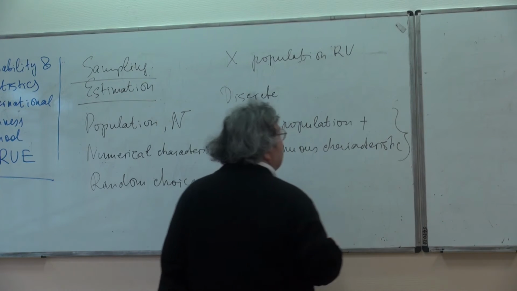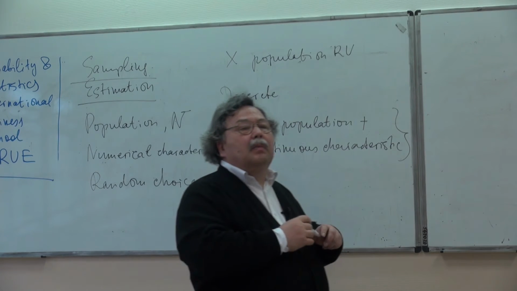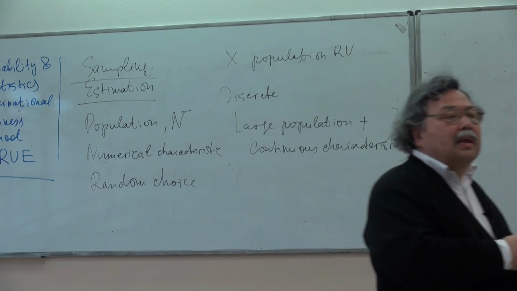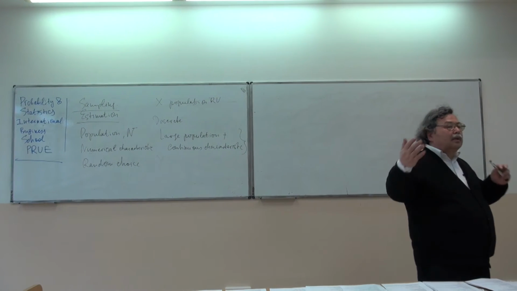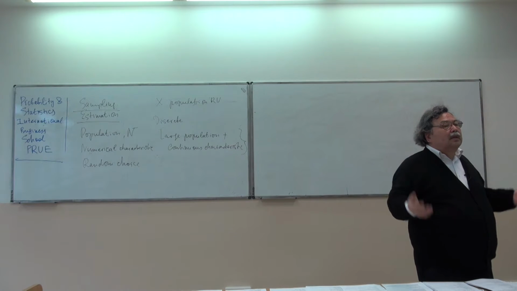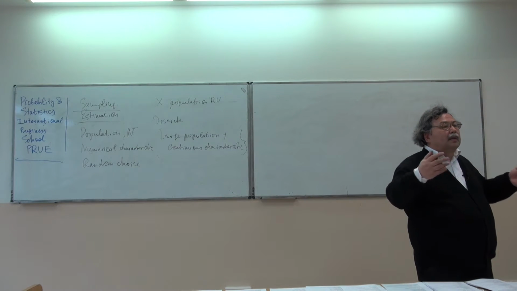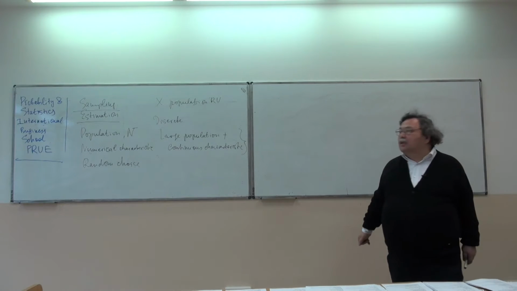If these two conditions are in place, what do I mean by continuous characteristic? Well, the body weight is a continuous characteristic. It can take on any real value within certain limits. But the number of children in a family is not a continuous characteristic. It cannot take on the value 1.5, for example, just some integer values.